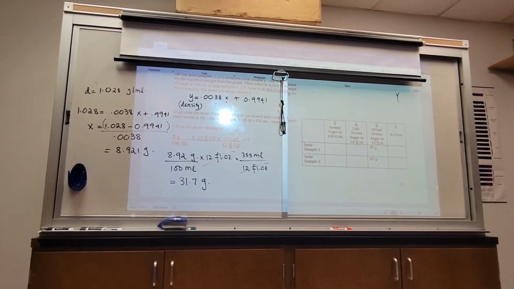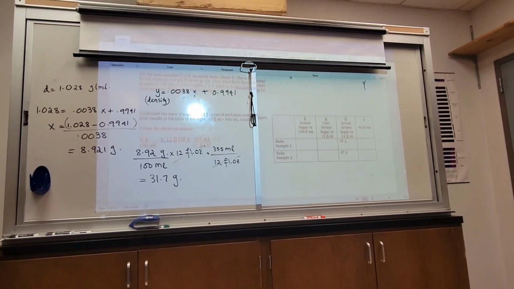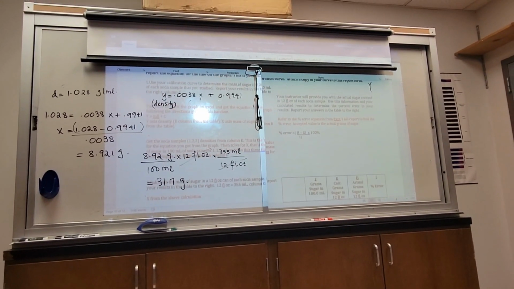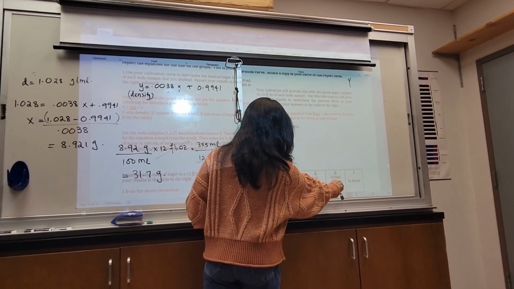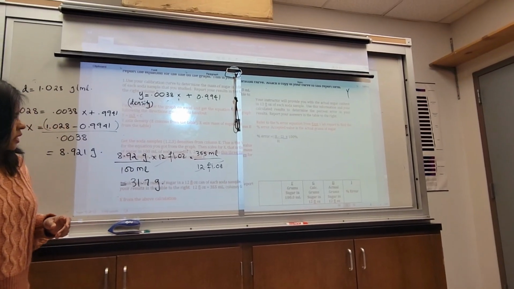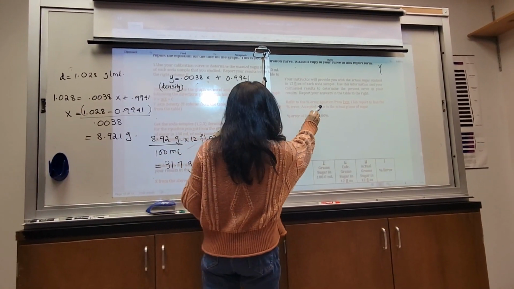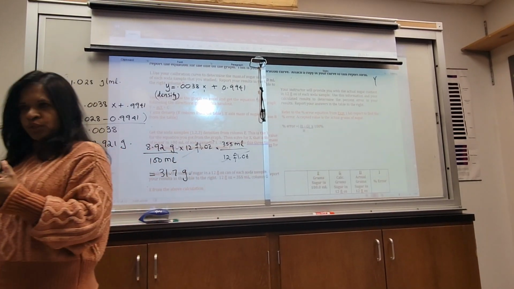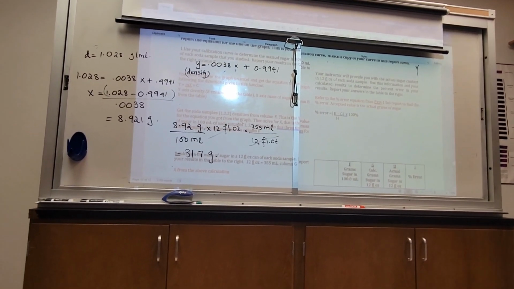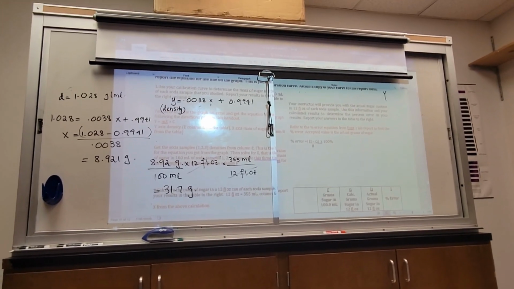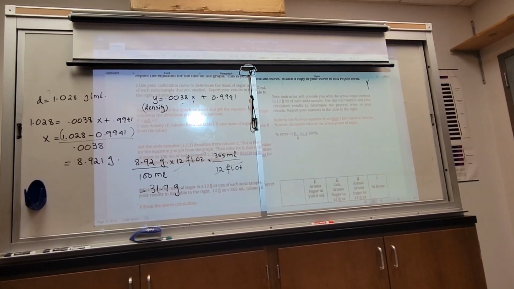And then we have to do one more thing, and that's calculating the percent error. So how do we calculate the percent error? You are given the actual grams, 39 and 43. Percent error is the actual minus the measured, divided by the actual amount, times 100. Correct? So where do we find the actual grams of sugar? In which column?